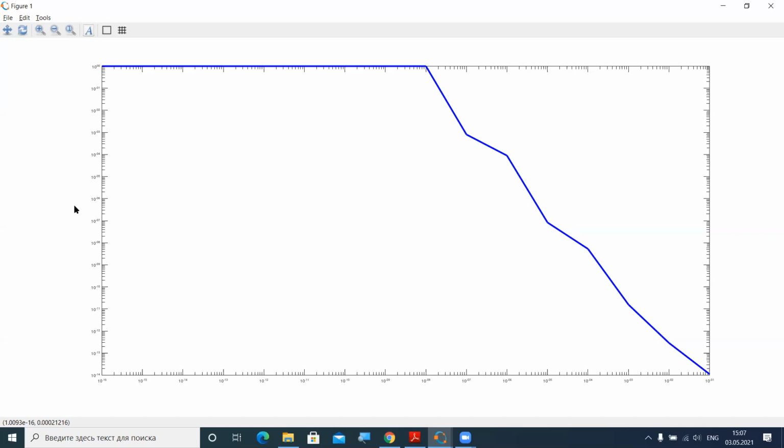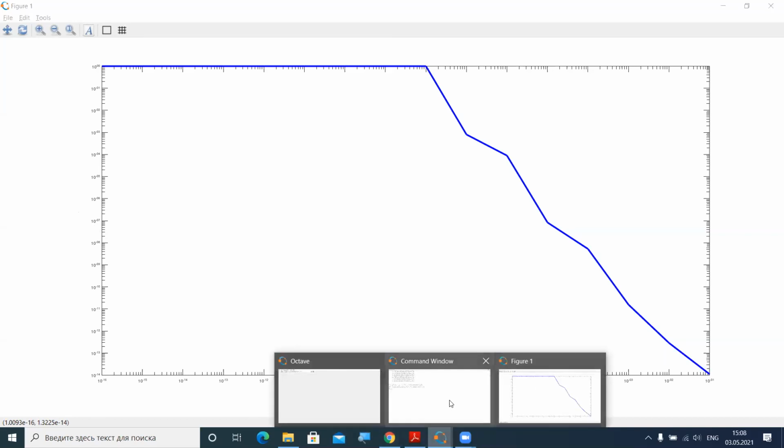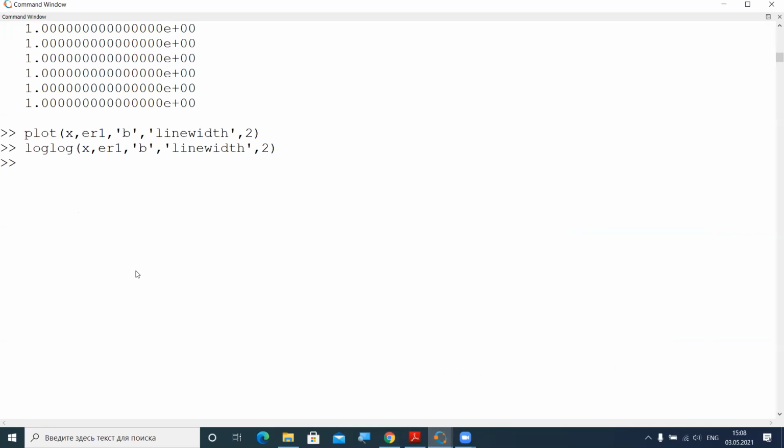Is it clear? Yes. For small numbers, we will use log, for tens powers. So here tens powers we have as base. Okay, let's continue. So log is just plot using logarithmic scale for both axes.